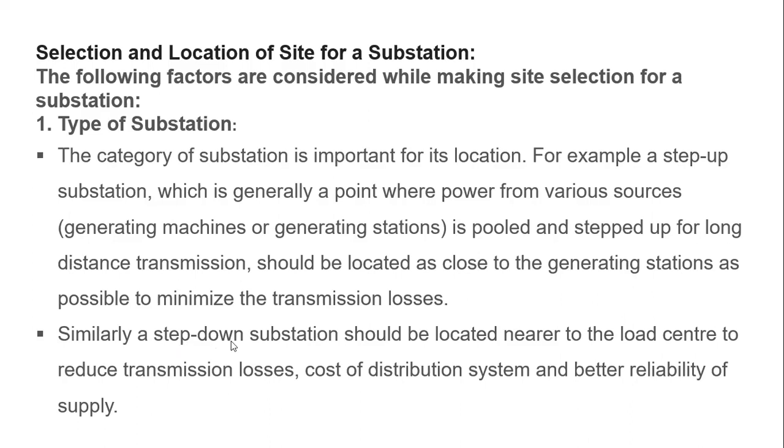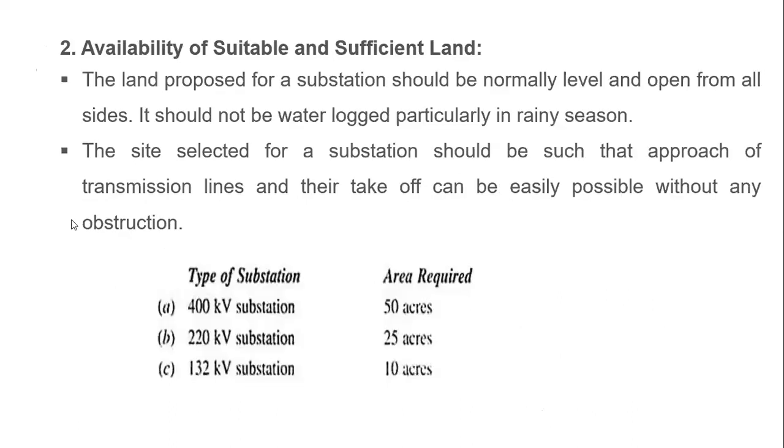Okay, that should be located near the load centers. Why? Because being near to the load centers reduces the transmission losses. Okay, the cost of the distribution system is also better. Okay, this is the one type of substation, step-up and step-down substations.